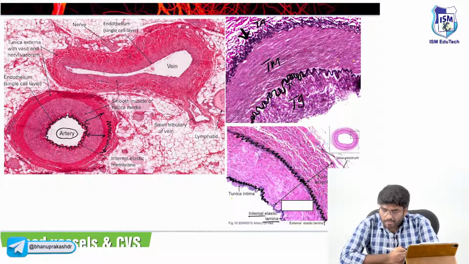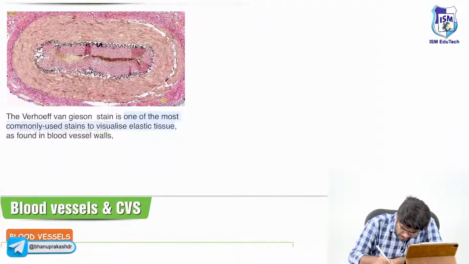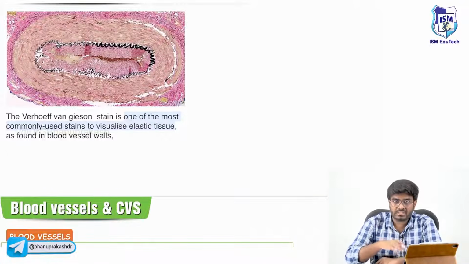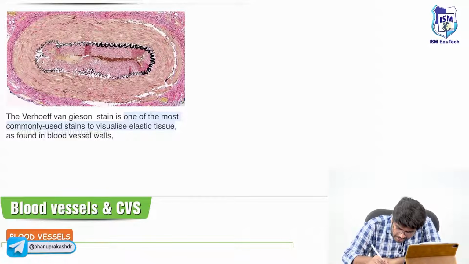Now in your exam they can ask you: these elastic fibers are stained with a particular stain, so what is the stain used to look at these elastic fibers? MCQ. The histology which I am showing you is actually a vascular pathology, a type of vasculitis, which we will discuss later. But here, are you able to appreciate these wavy fibers, the internal elastic lamina?